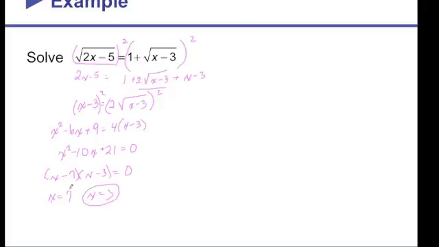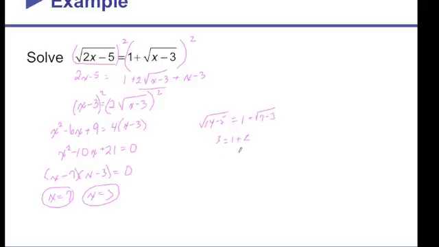But of course I have to check my solutions. So 2 times 7, 14 minus 5, square root of that, equals 1 plus the square root of 7 minus 3. Well, this will be 9, so the square root of 9 is 3, equals 1 plus the square root of 4, which is 2.